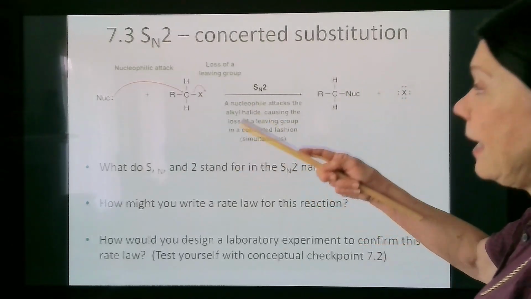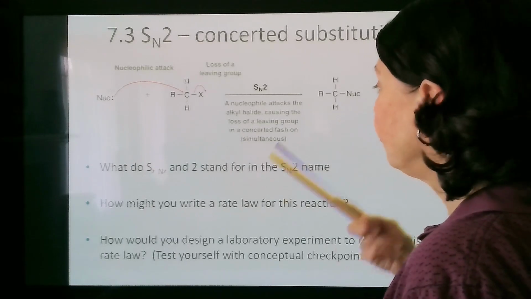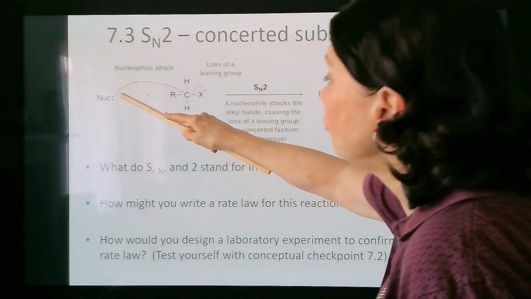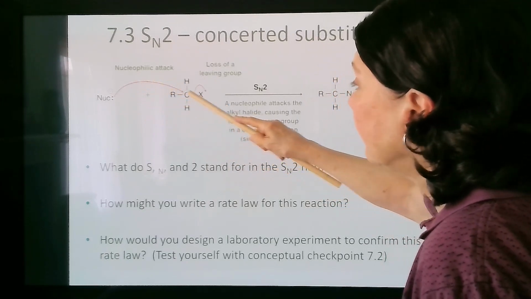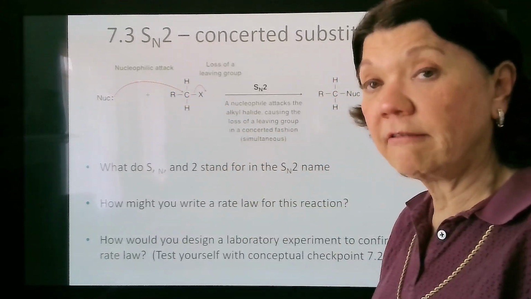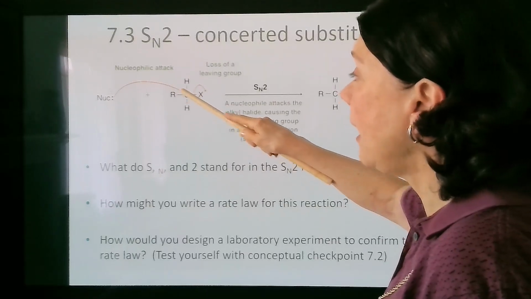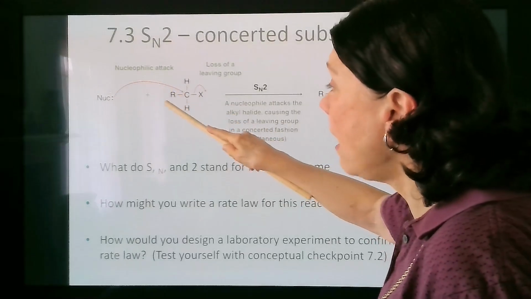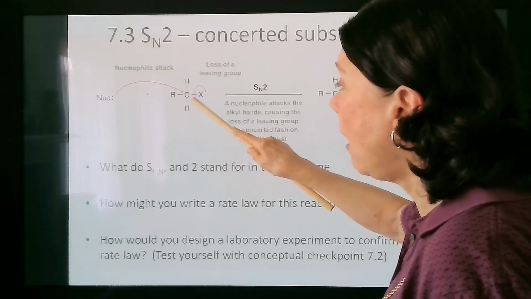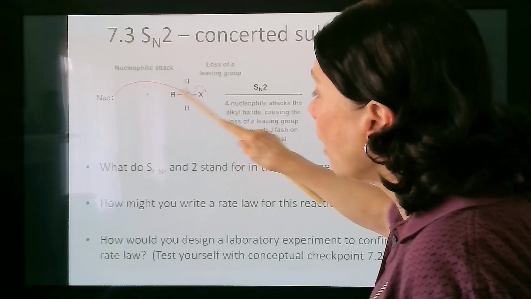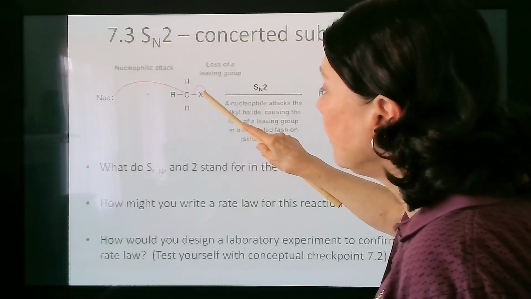So this is, again, just drilling this in perhaps too much, concerted substitution. Notice how it's coming in from the back. Remember, I have said repeatedly that the nucleophile has to occupy the antibonding orbital of the breaking bond. And the antibonding orbital is going to be on the side of carbon opposite to where the leaving group is.